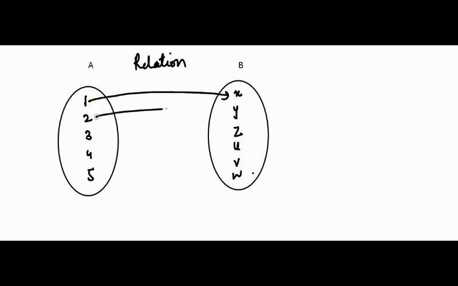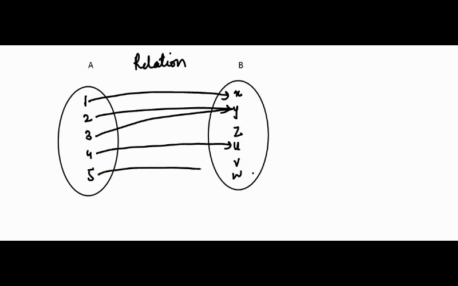B has elements X, Y, Z, U, V, W. Now for example, there is a relation between A and B which maps 1 to X, 2 to Y, 3 to Y, 4 to U, and let's say 5 to W. Is this relation a function or not?